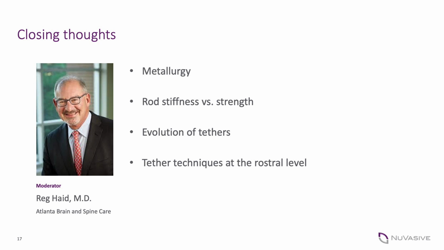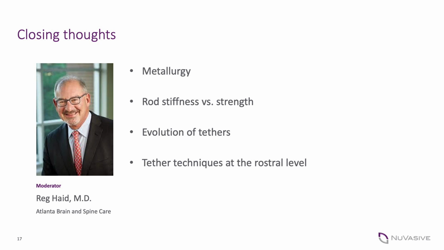I do think Zach is extremely thoughtful when he talks about changing the stiffness of the longitudinal construct. So to me, if you can combine the best of both worlds, if you have stiffer, stronger rods where you need to correct and maintain correction of a deformity, particularly down low or in the apex of a curve or after an osteotomy, and then as you become more rostral on the spine, you can probably go to less stiff rods.